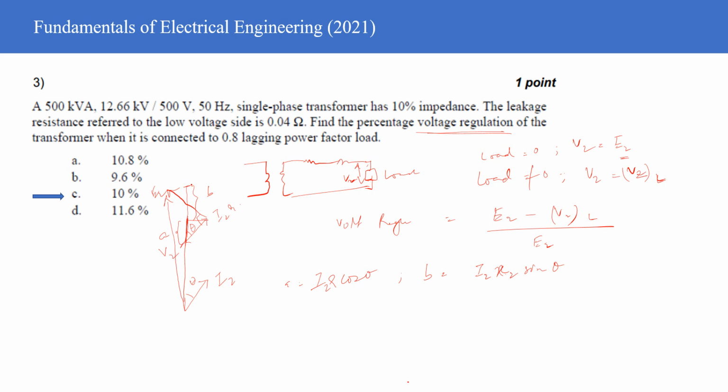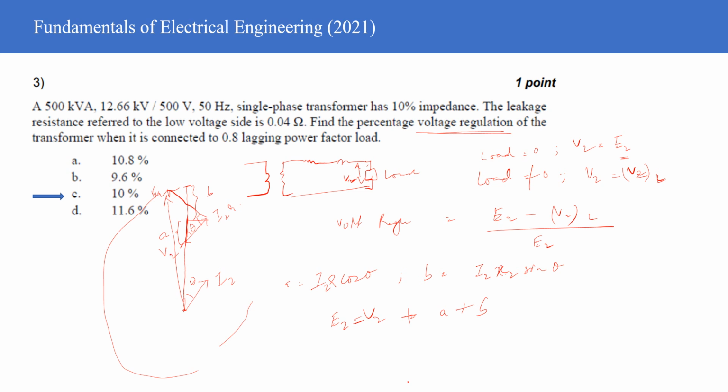This particular point is the same thing as this particular point because it's going in a big circle, right? So with the center at this particular point, you can write that the difference E2 minus V2 is equal to, or rather, you can write E2 is equal to V2 plus A plus B, right?